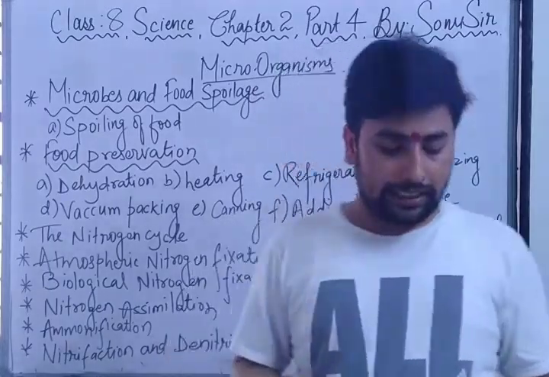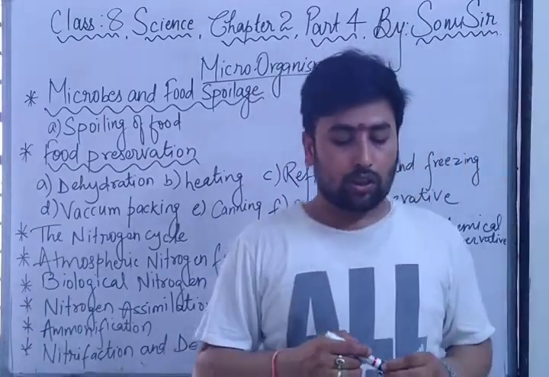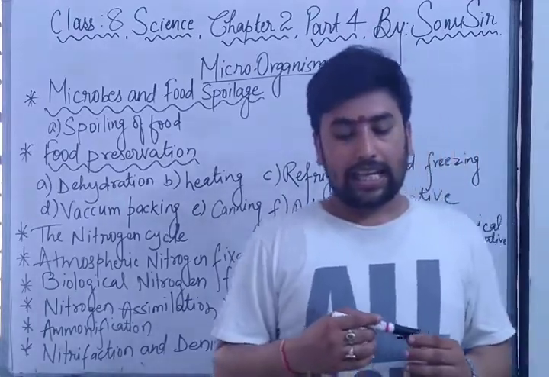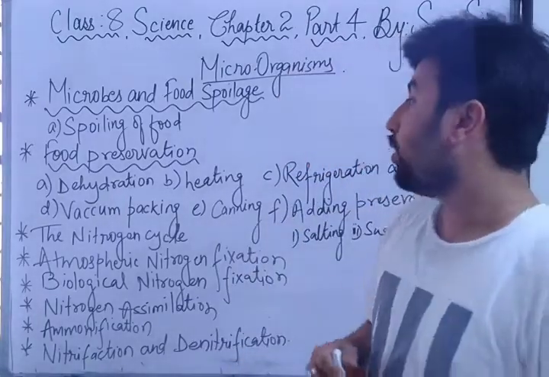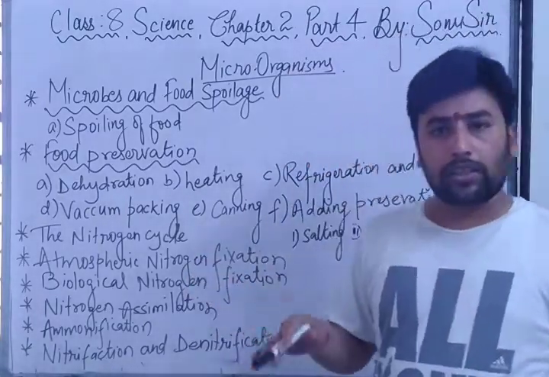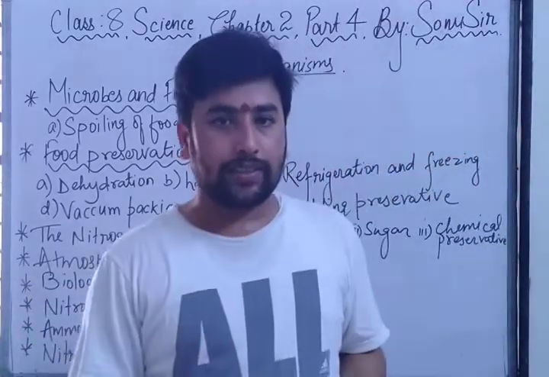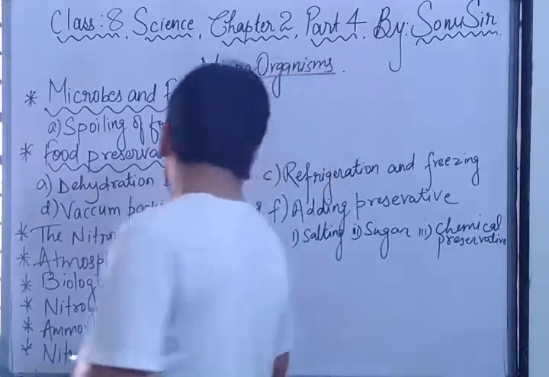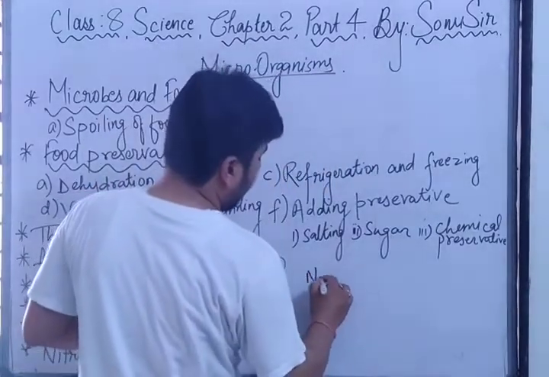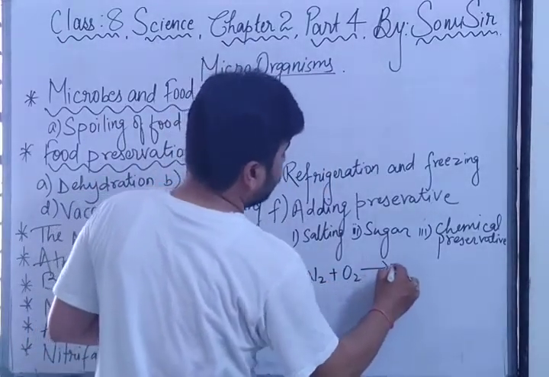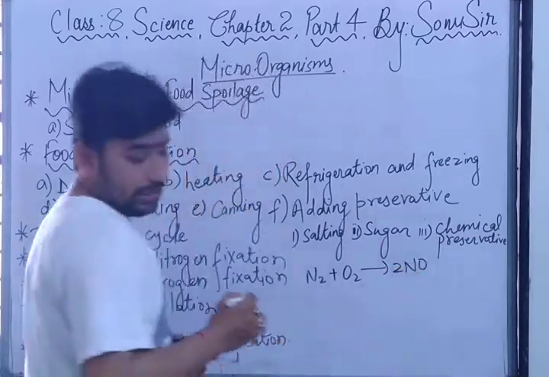So the nitric acid reacts with the compounds in the soil forming soluble nitrates, and that can be taken up by the plants. So when nitrogen N2 reacts with oxygen O2, it gives you 2NO, nitrogen oxide, right?